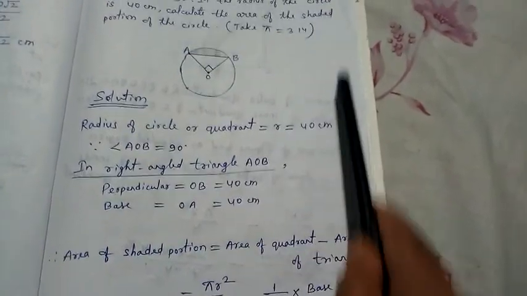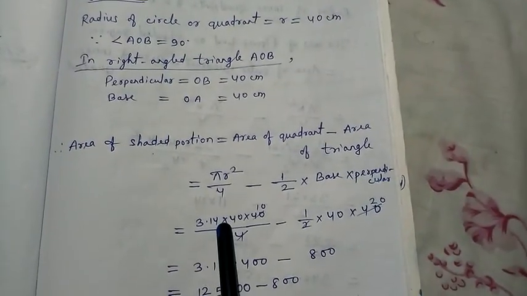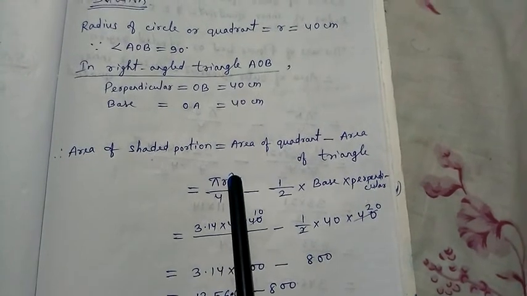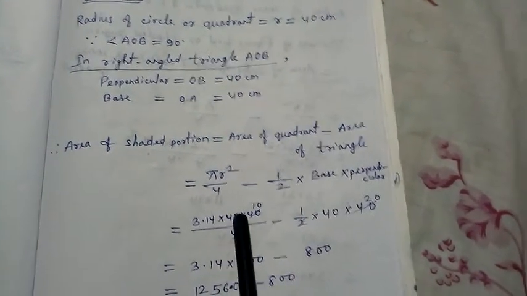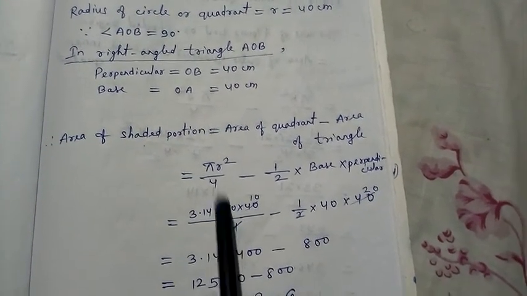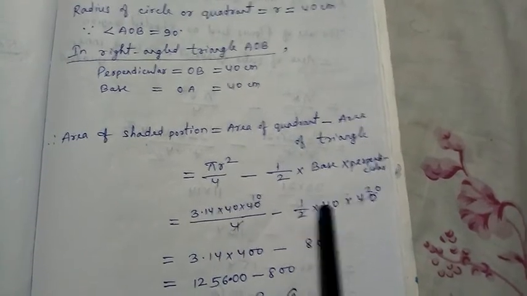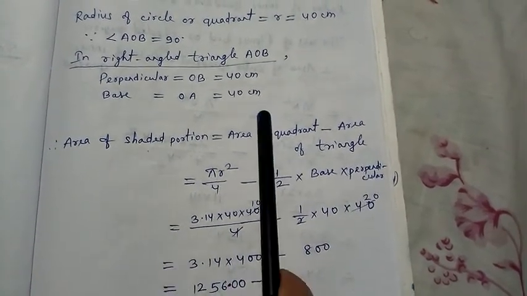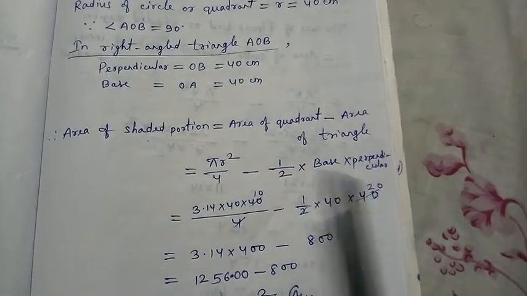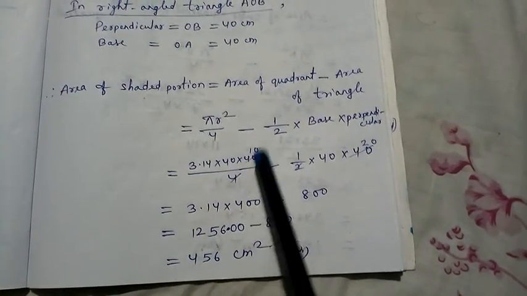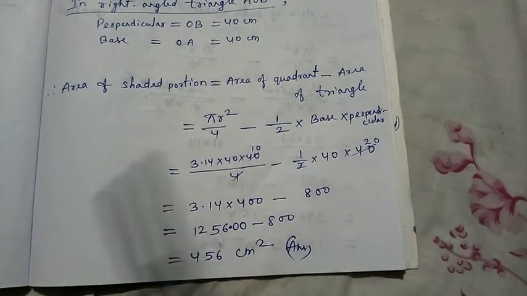So pi, as per the question, is 3.14. So 3.14 pi value into r, radius is 40, into 40 because square is there, divided by 4, minus half into base is 40, perpendicular also is 40. Now we will cancel, 4 tens are 40 and here 2 20s are 40.